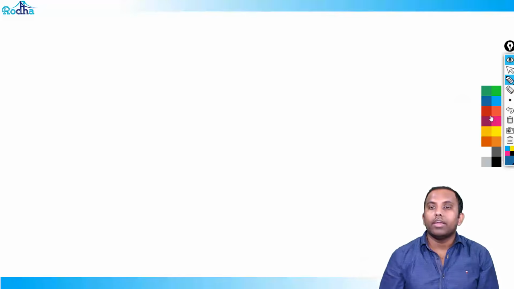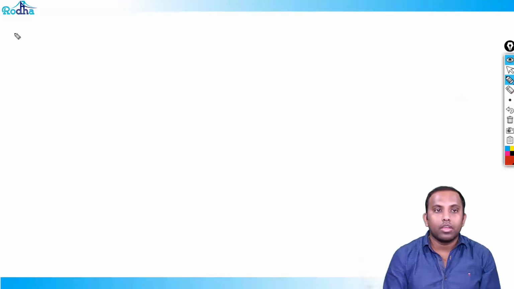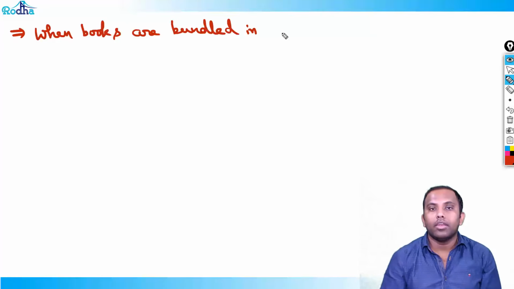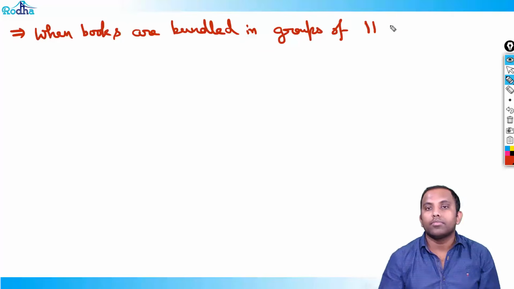See, finding... Suppose I write a statement here. In a library, some books are kept. When books are bundled in groups of 11, 4 are left out.